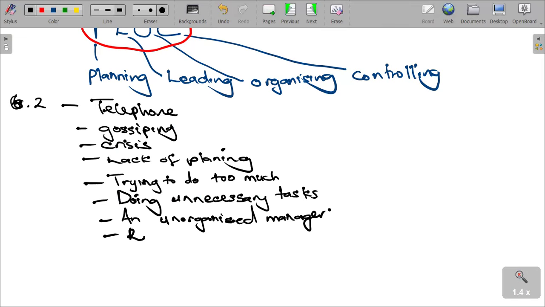Lastly, redoing work. It is also a what? A time waster. Right.